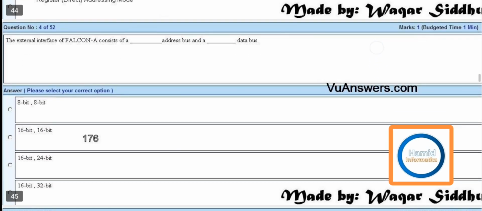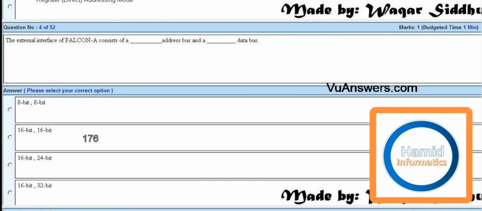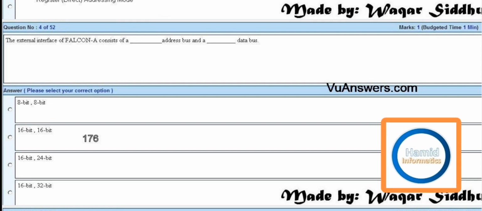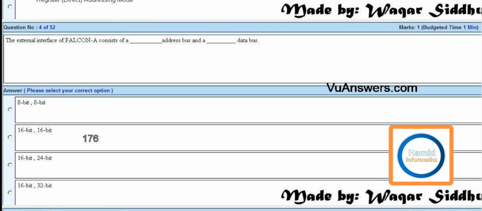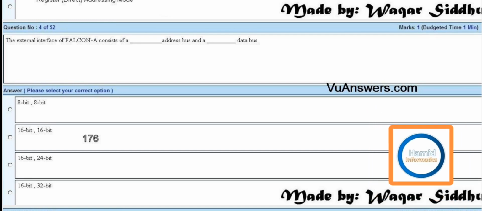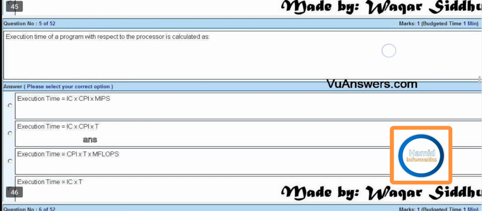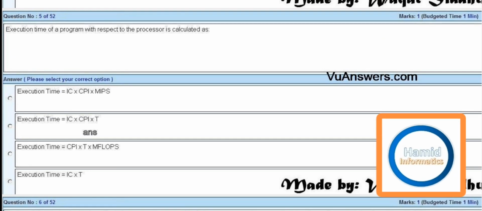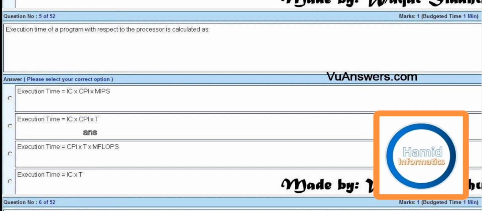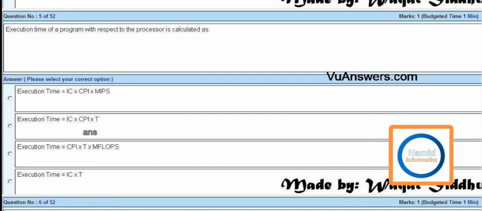Next one: the external interface of Falcon-A consists of dash address bus and a dash data bus, and the answer is 16 bit and 16 bit. Next one: the execution time of a program with respect to the processor is calculated as execution time equals IC multiplied by CPI multiplied by T.